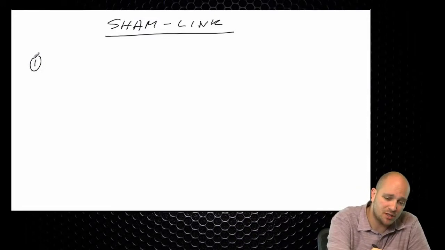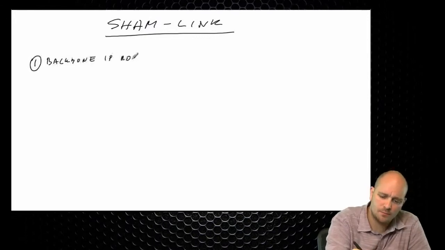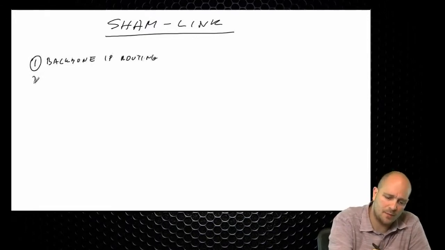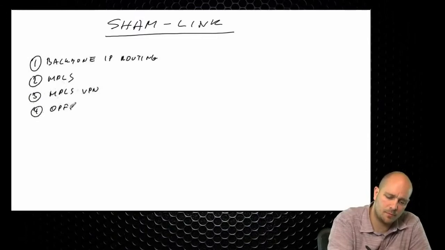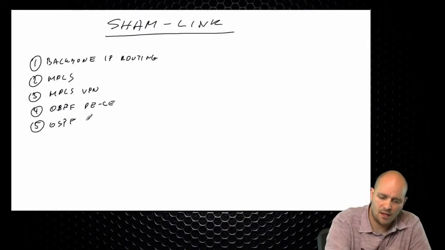So my assumption here is that backbone IP routing is in place, that MPLS is in place, that MPLS VPN is in place, that OSPF as PE-CE is in place, that OSPF as CE-CE is in place.